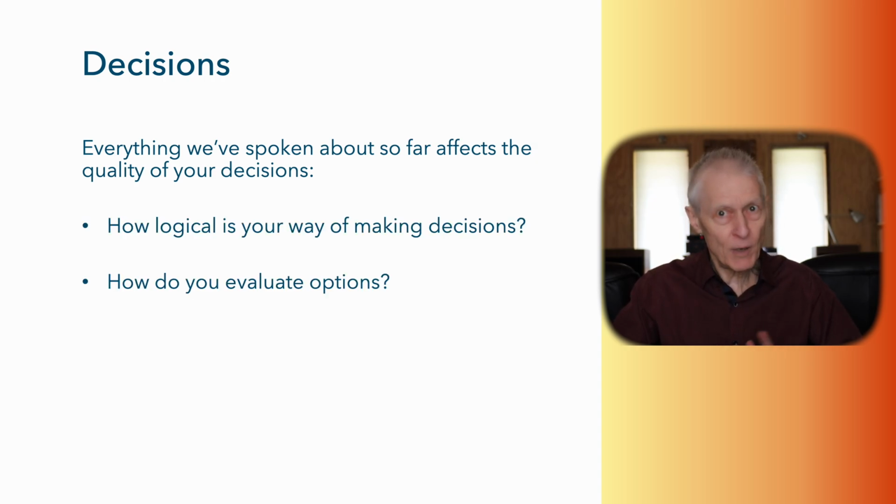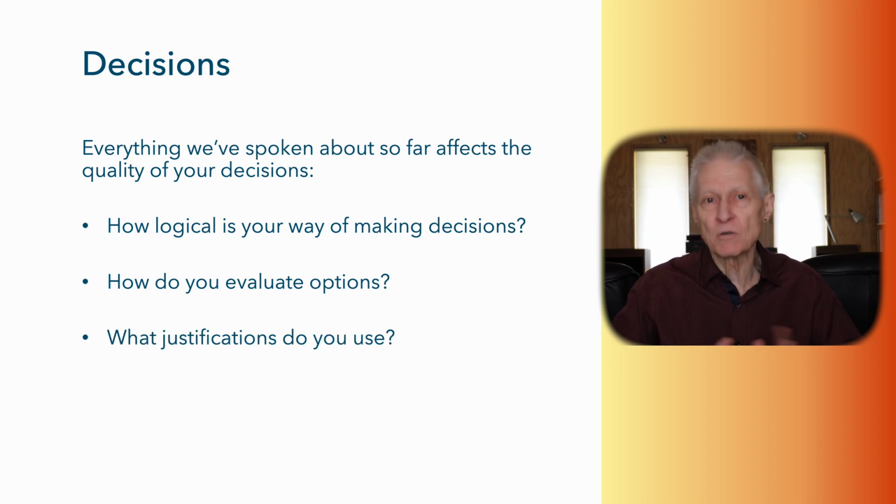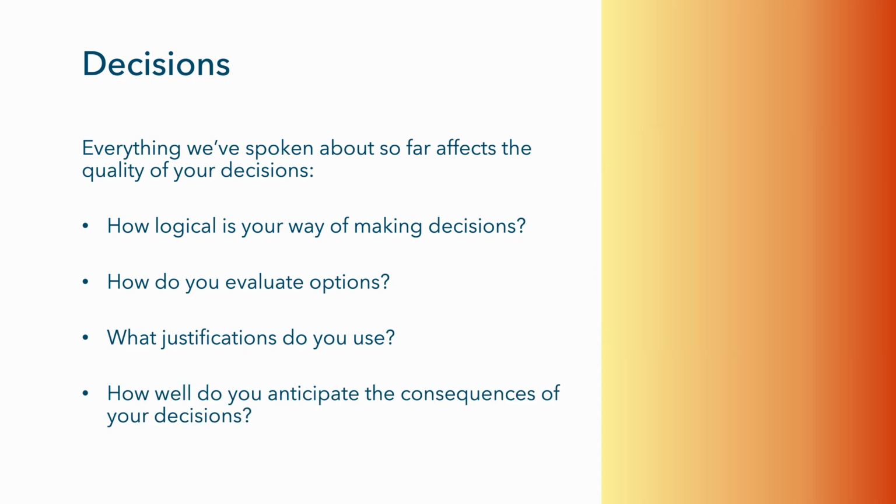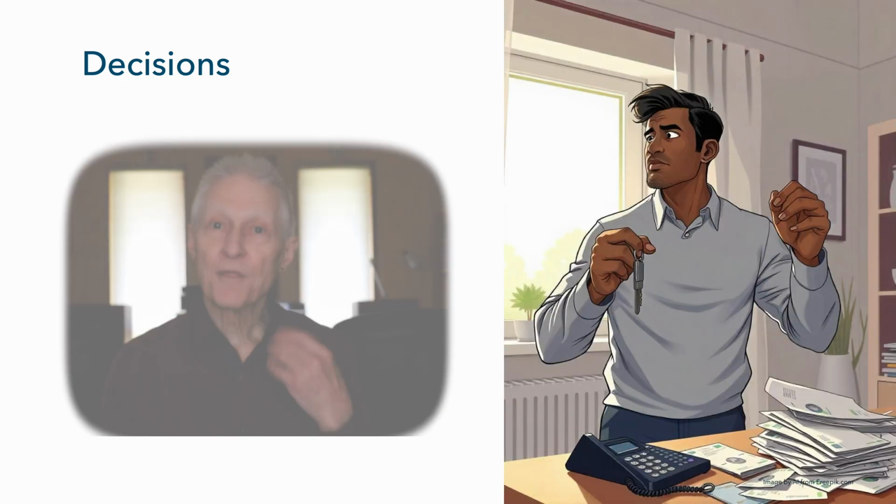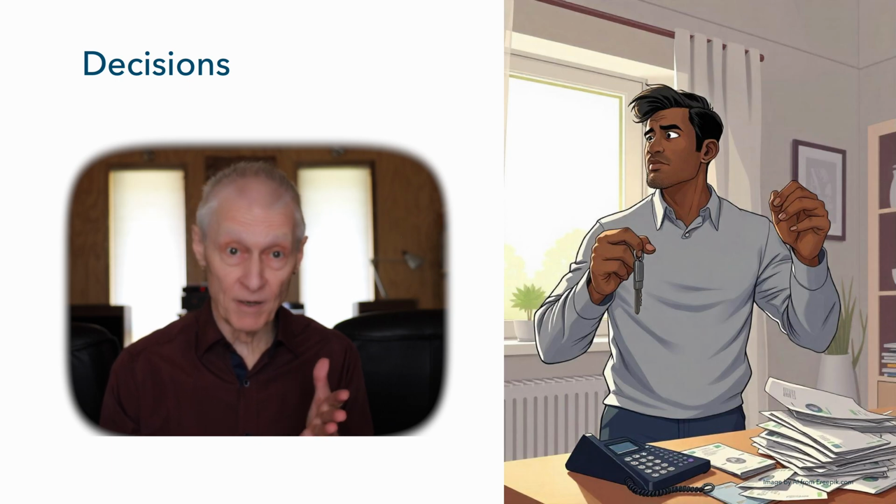How do you evaluate options? How do you choose how many options to even evaluate? What justifications do you use for whatever option you choose? How well do you anticipate the consequences of your decisions? Those questions are worth asking yourself right now.